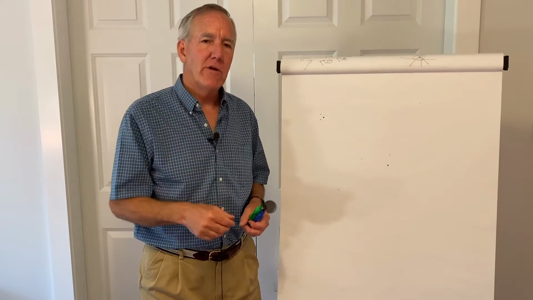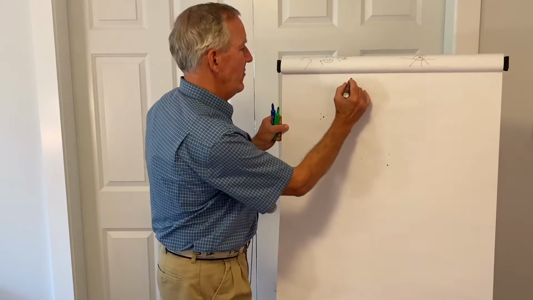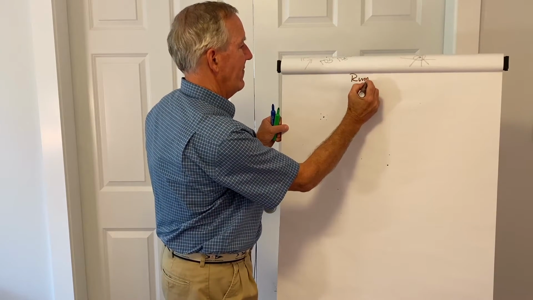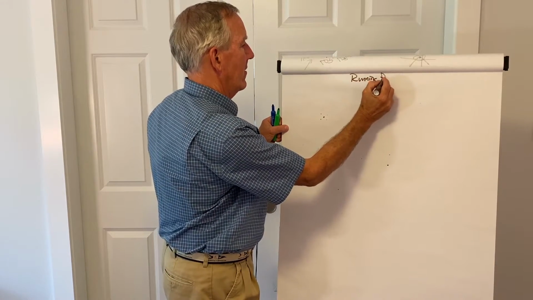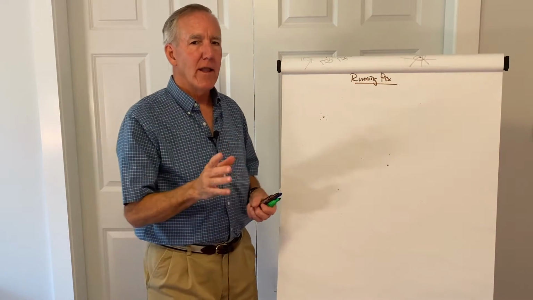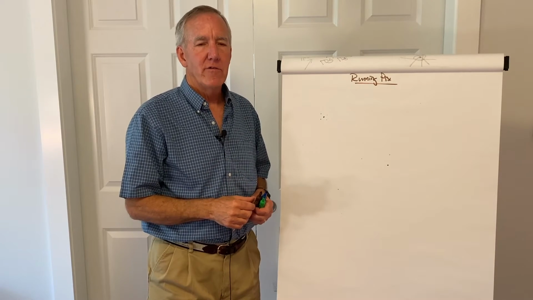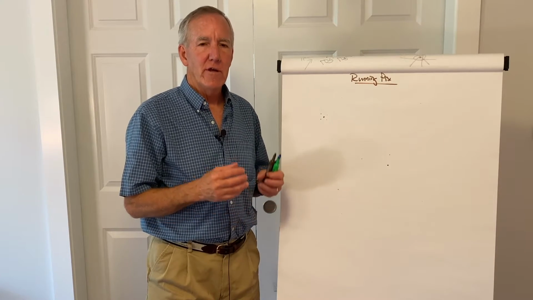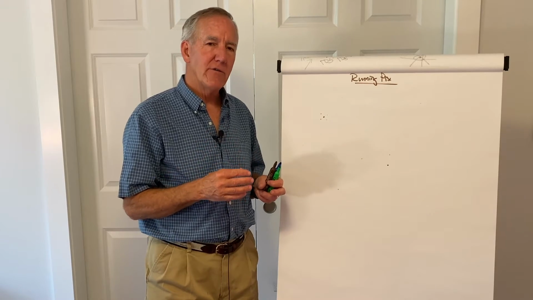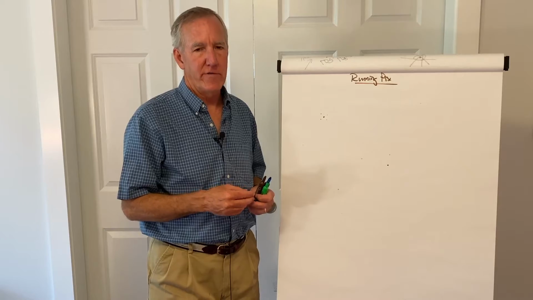So the first thing we're going to do, though, is to go back and review the running fix. We've talked about this a little bit without a lot of detail, but it's integral to the day-to-day celestial navigation process, because this is what you use when you're taking your sun sights.